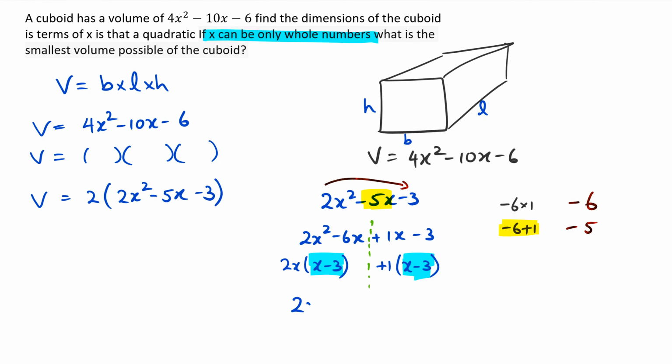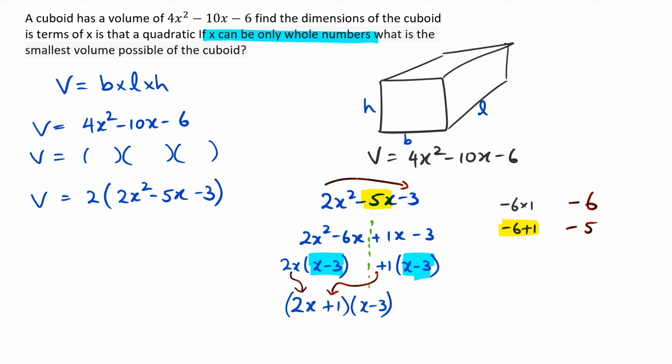And so we're going to get 2x plus 1 and x minus 3 as factors. The 2x comes from here, and the 1 ends up coming up here.